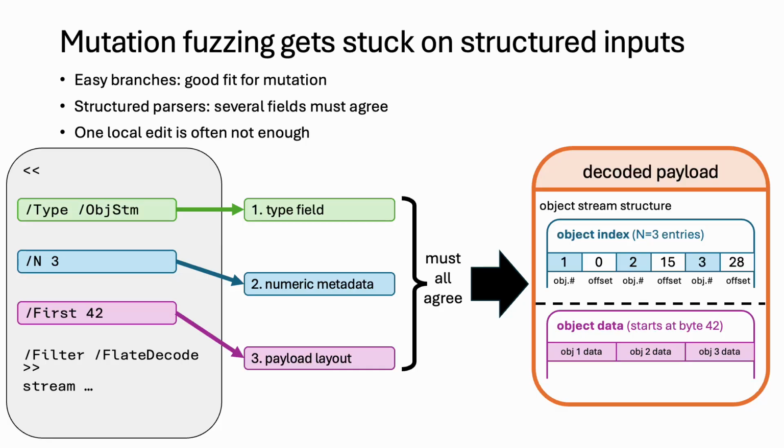And then the second issue is that even if it chooses a useful blocked condition, the repair, as in how it needs to modify the seed to actually get past that condition, has to be coherent enough to actually get through.